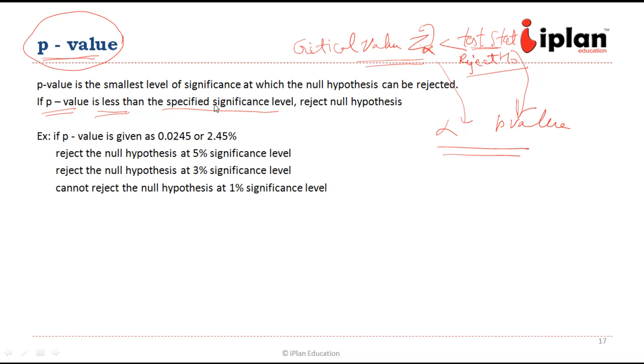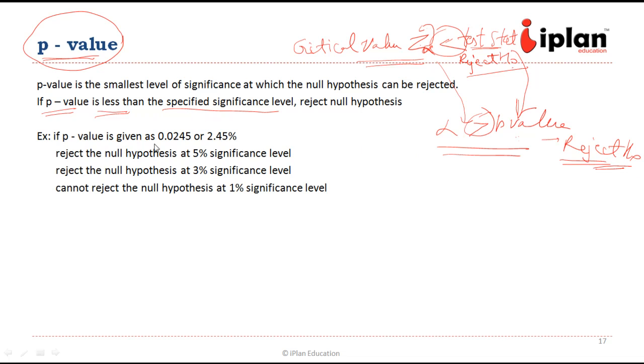So if the p-value is less than the significance level, we will be able to reject the null hypothesis. We should be careful that these signs are getting reversed here, since for a low p-value the statistic will be higher, and for a higher p-value the statistic will be lower. That is why the relationship changes here. So it is clear, if your p-value is lower than the significance level, then we will be able to reject the null hypothesis.